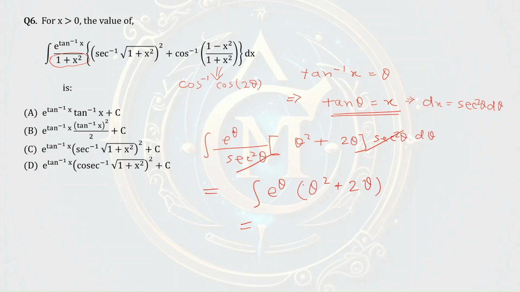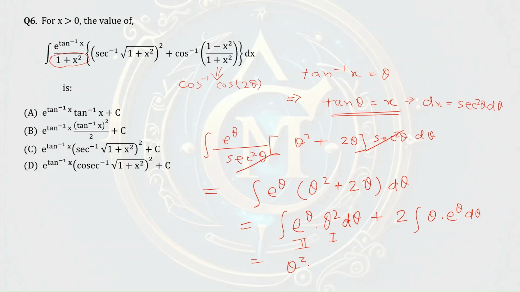Now this becomes integral of e to the power theta times theta square d theta plus 2 times integral of theta times e to the power theta d theta. That means if we apply integration by parts here, assuming this as first and this as second, we will get first function as it is.